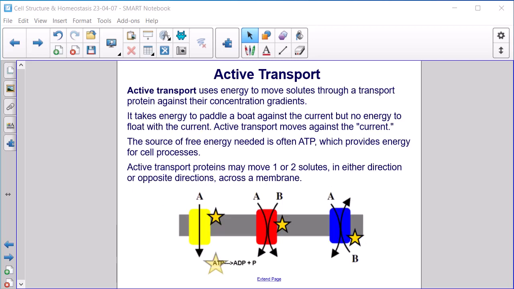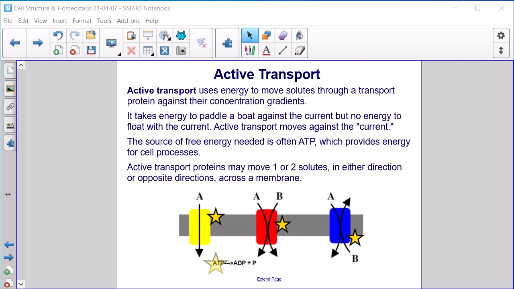Active transport. Active transport uses energy to move solutes through a transport protein against their concentration gradients. It takes energy to paddle a boat against the current, but no energy to float with the current. Active transport moves against the current. The source of free energy needed is often ATP, which provides energy for cell processes.